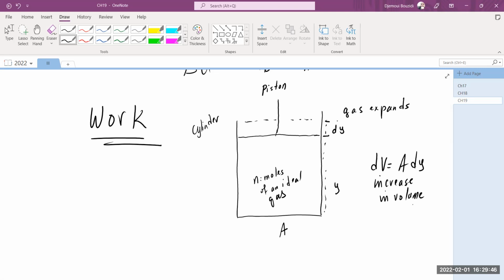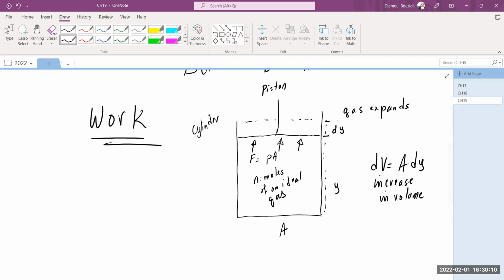So the piston went up. The pressure by the gas, which we draw as an arrow, but it's not a vector, by the way. The pressure is a scalar. So this is the pressure. So the force, which is a vector, is equal to the pressure times the area.